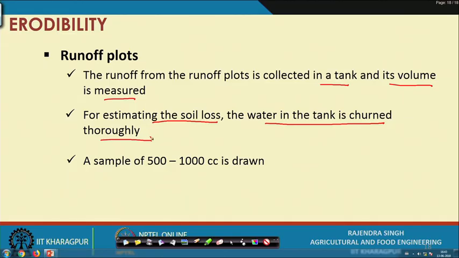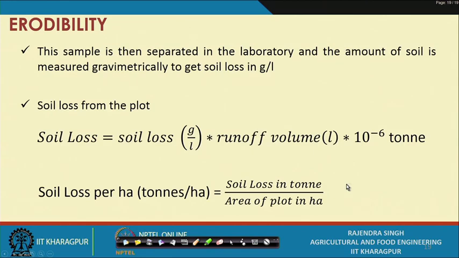Then from this tank we take out a sample of 500 to 1000 cc, that is half a liter to 1 liter, and this sample is taken to the laboratory, where we find out the amount of soil in the sample in grams per liter, that is, how many grams of soil were there.